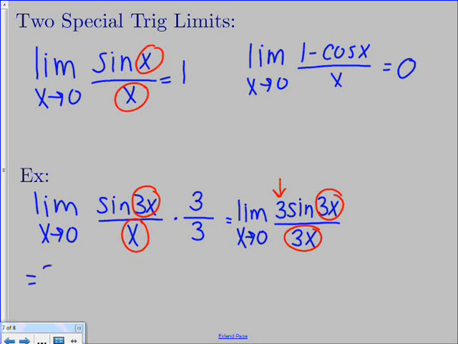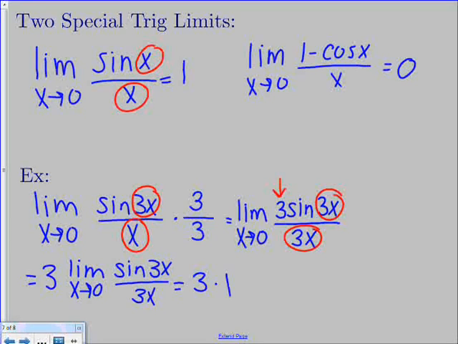So we're going to rewrite this as 3 times the limit as x approaches 0 of sine of 3x over 3x. And now that those 3x's match, we can replace the limit with that special trig limit and say that this is just equal to 3 times 1, or 3. So that's one way you could approach trig limits if you can try and manipulate them into looking like one of those special trig limits that are above.